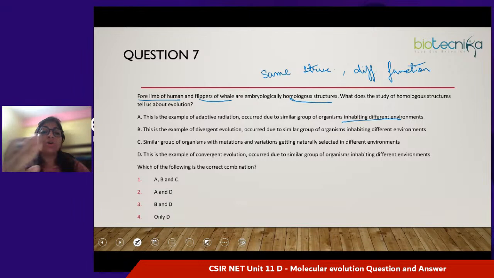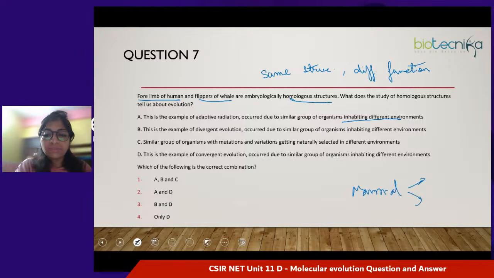Now there was a common ancestor which was a mammal. Okay, now from that mammal two groups were created. Okay, human ancestor and whale ancestor. So whale ancestor did what? They went back to water.